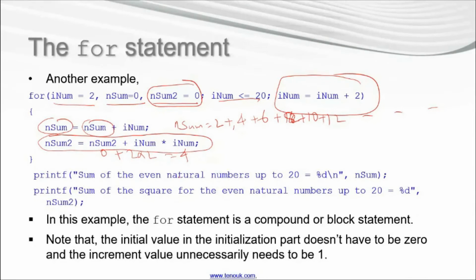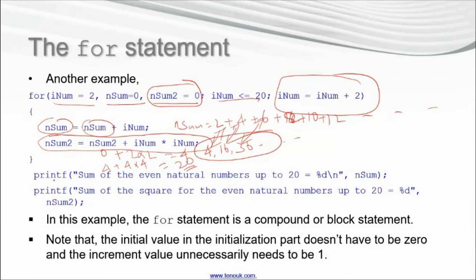Then the next value will be 4 plus 4 into 4, so 4 into 4 is 16, 16 plus 4 is 20. So what happens is 4, then 16, then 36, etc. These values are added together. That is the square of each even number, and the squares of the even numbers are added together here.